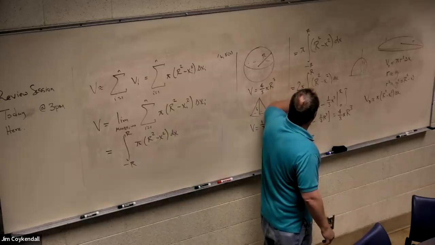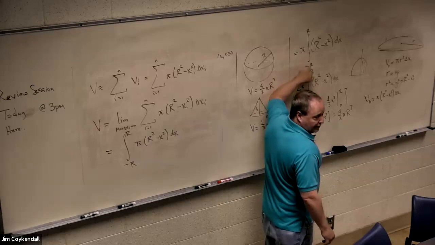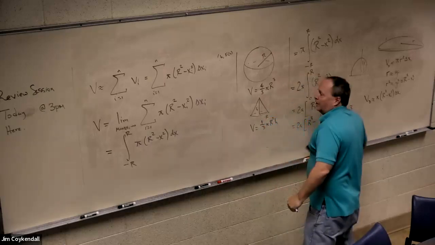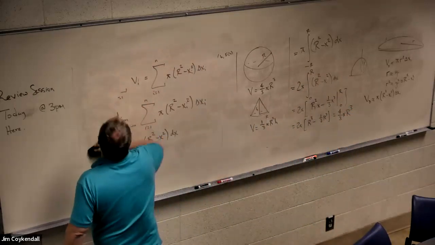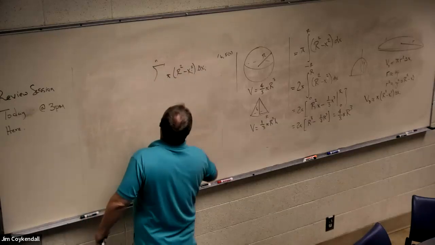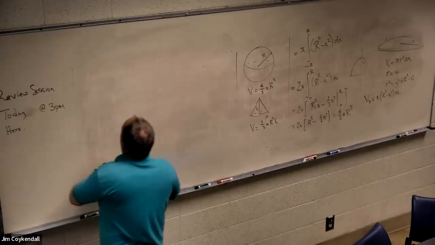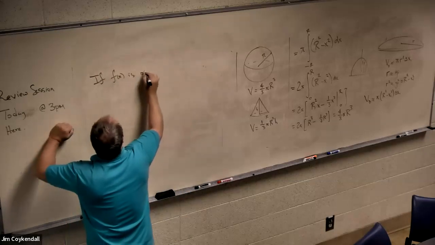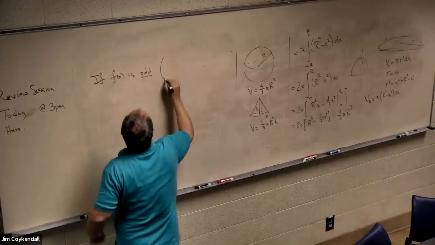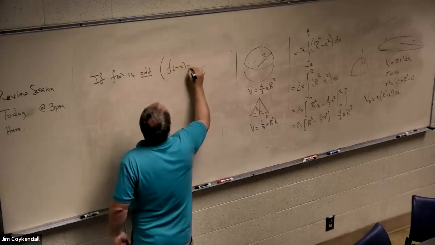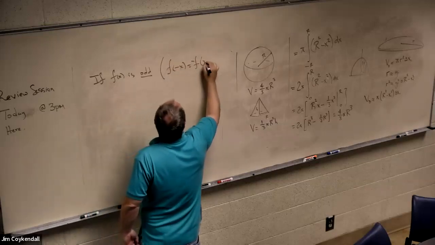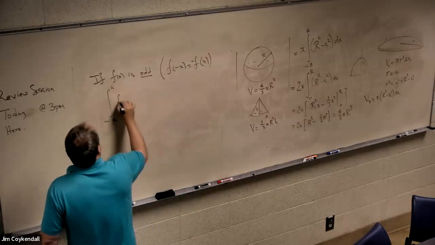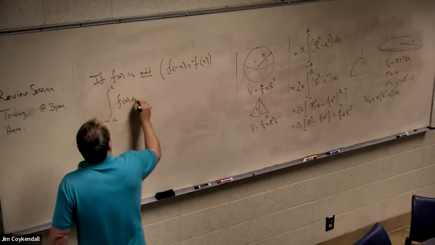Notice this integral goes from 0 to r. This one went from minus r to r. So I went halfway and doubled it. Remember, a couple of lessons ago, we talked about this. If f of x is odd, and that means that when you replace x with minus x, it changes the sign of the function, then the integral from minus a to a of f of x dx is 0.